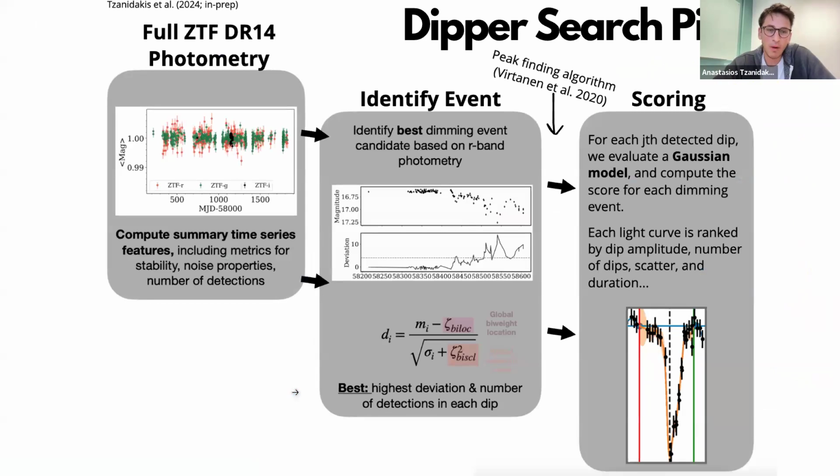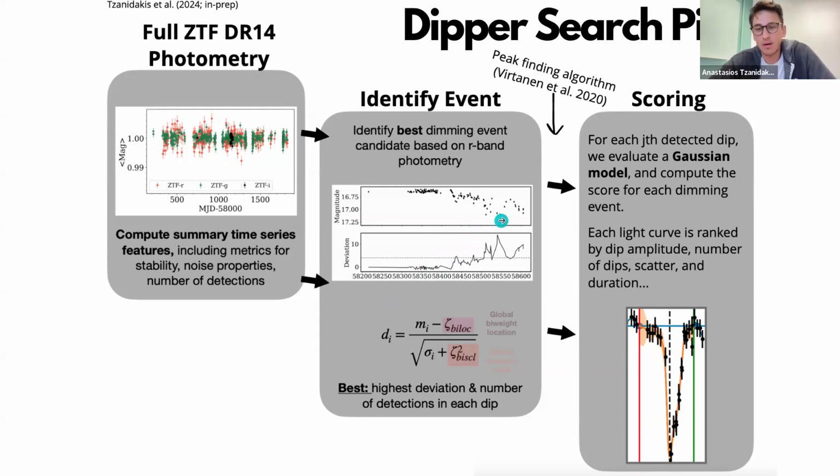Now, the way this search was being done is relatively straightforward in the sense that we want to look at the full archival ZTF photometry. We want to compute many time series features, and then we would basically derive some sort of metric that would tell us the outliers that are present in a light curve.